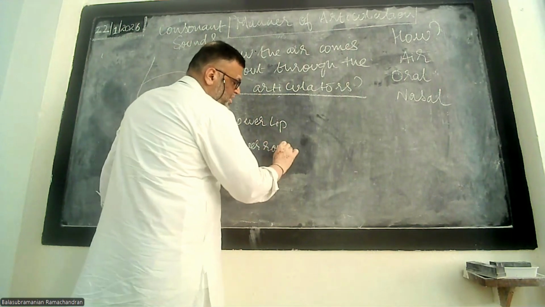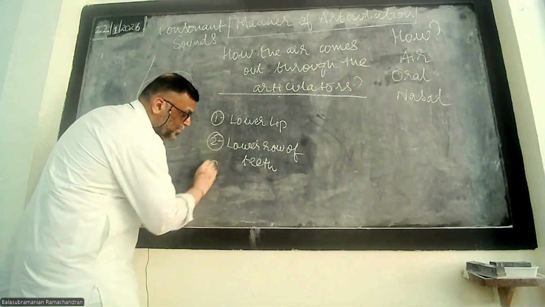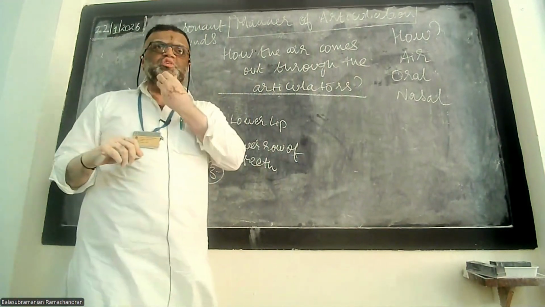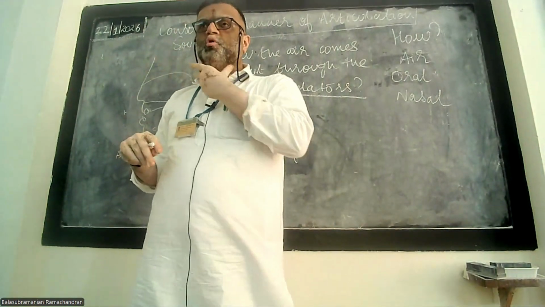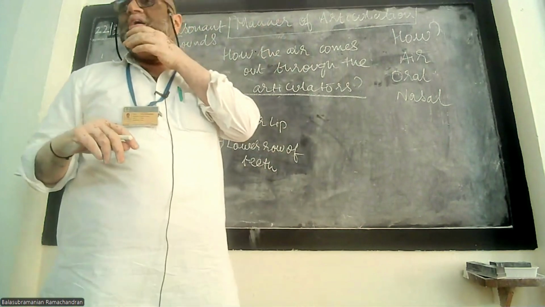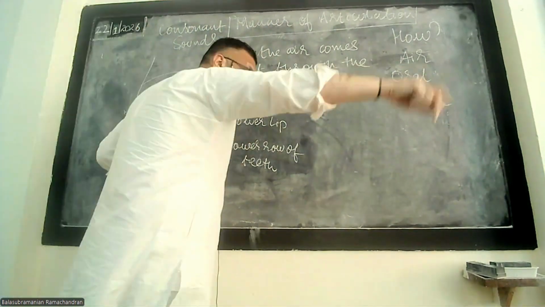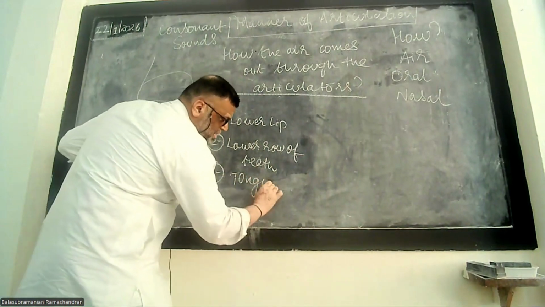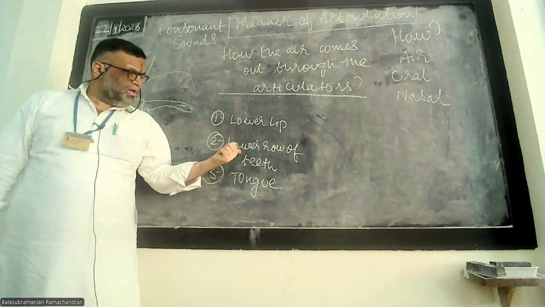We are looking at the mobile part of the mouth, that which has free movement. Essentially, we are looking at the lower jaw to be more precise. So the lower row of teeth, and then you said something. Okay, the tongue.